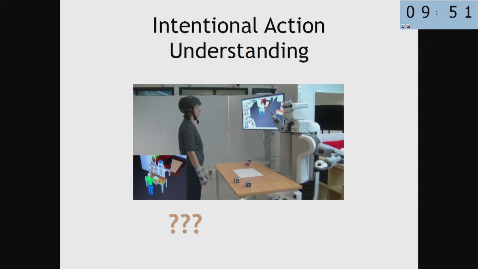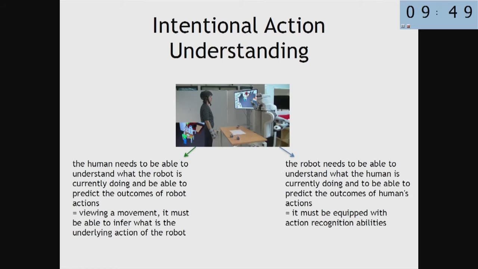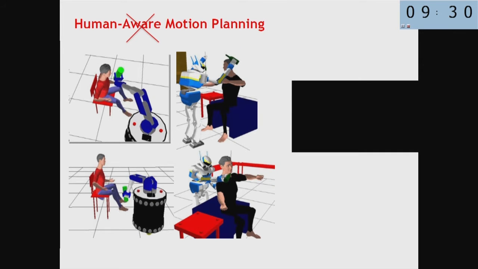What does it mean on the human side? It means that the human needs to be able to understand what the robot is currently doing and be able to predict the outcome of robot actions. It means that viewing a movement, it must be able to infer what is the underlying action of the robot. To do so, we have developed what we call human-aware motion planning.